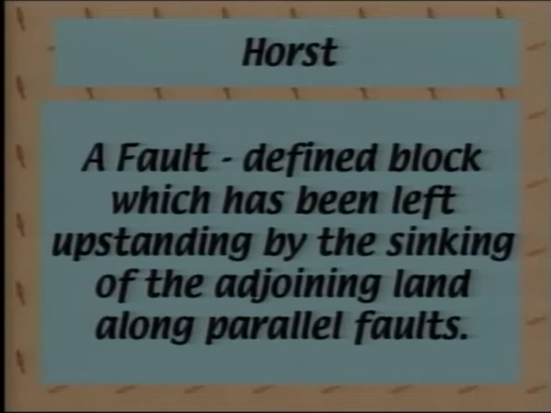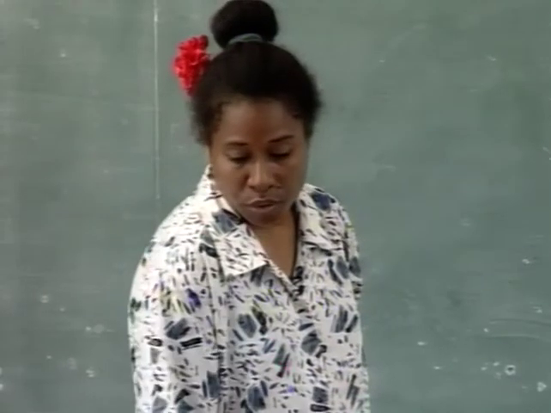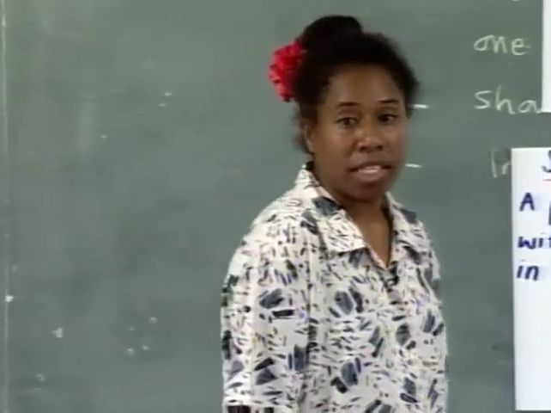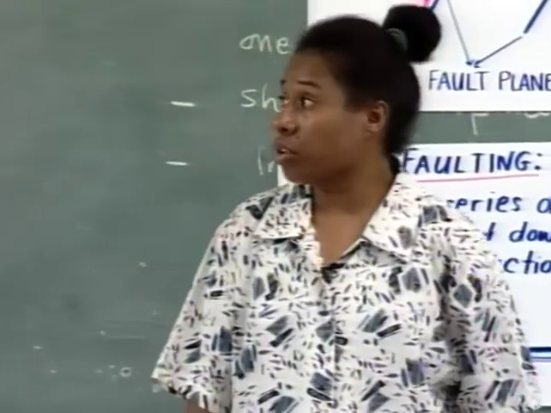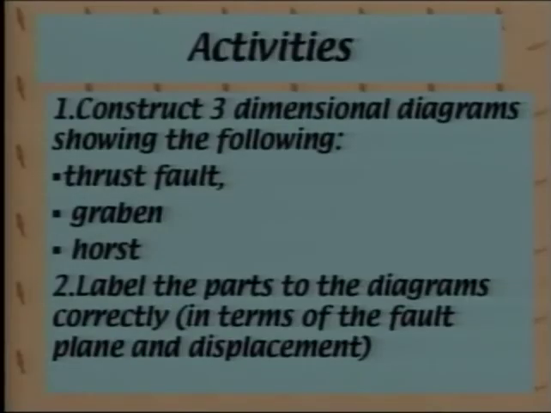Okay, let me give you time now to digest that information, and I would like you to now put into your exercise book construction of at least three-dimensional diagrams showing a thrust fault, showing a graben or a rift valley, and also a diagram showing a horst. When you do your construction, ensure you label the parts of the diagrams correctly.